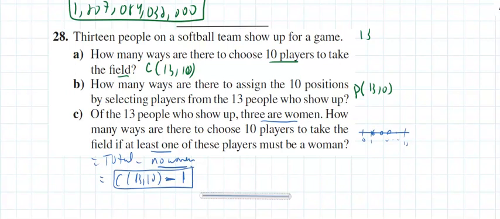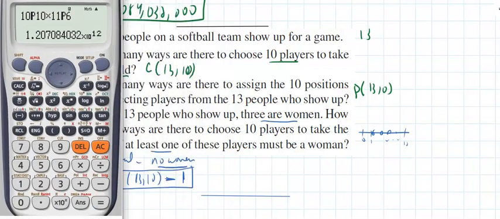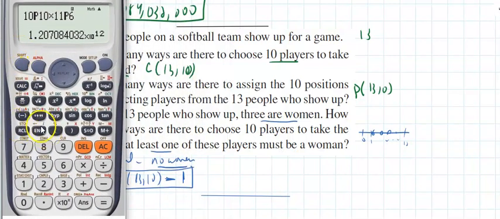I can tell you what the answer is. We could do the answer to all of those. So if I take 13 choose 10, that's 286.